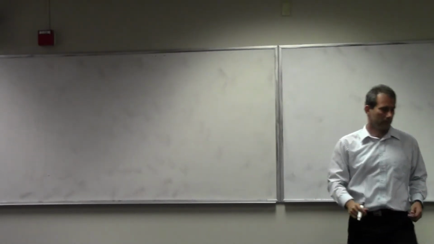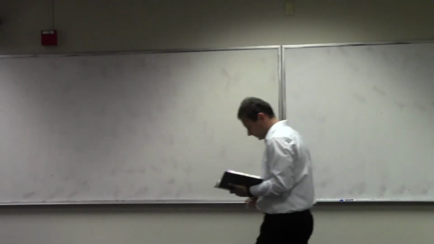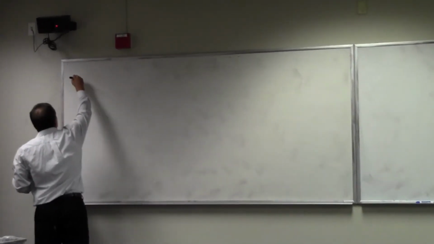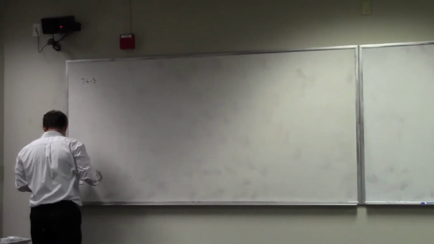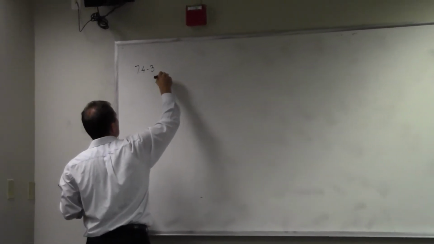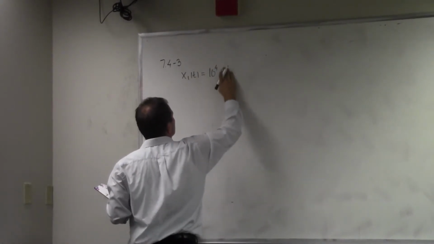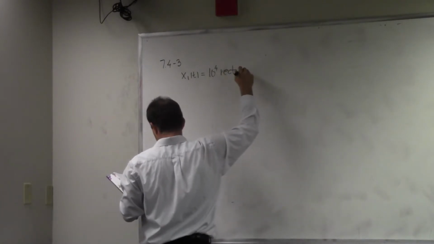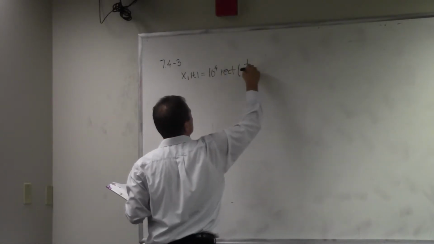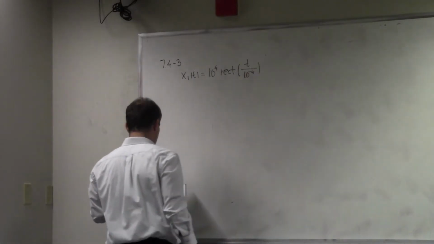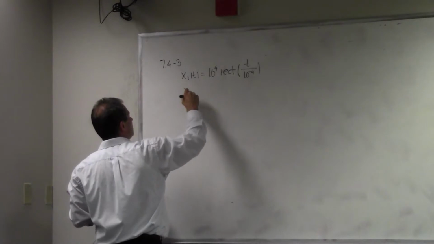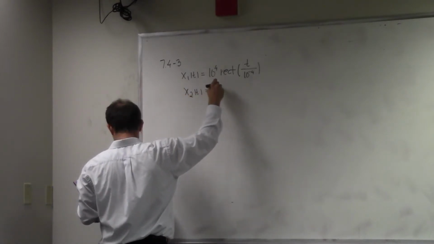What was the problem? 740-3. So I say we have two signals, x1 of t, which is equal to 10 to the 4 times rect of t over 10 to the minus 4, and x2 of t, which is delta of t.